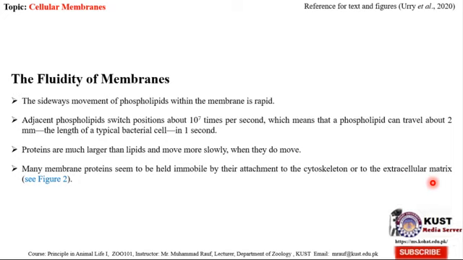So the proteins located in the plasma membrane are associated on the inner side with the cytoskeleton and on the outer side with the extracellular matrix. Because of that association on both sides and because of their larger size, their free movement is hampered.